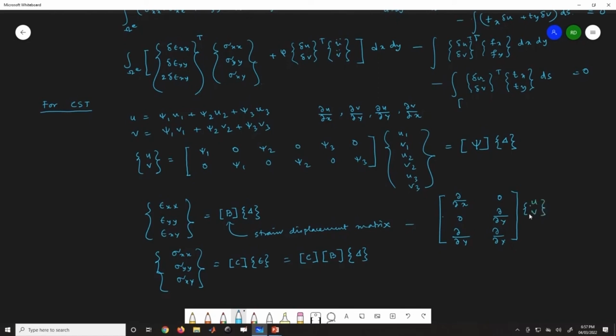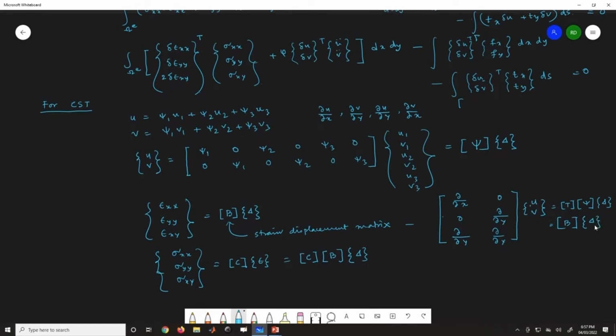So this is my strain matrix. Now if I call this matrix the T matrix, then I have u and v, which I can write as psi and delta. So T multiplied by psi is my B matrix. This is how we compute the B matrix.